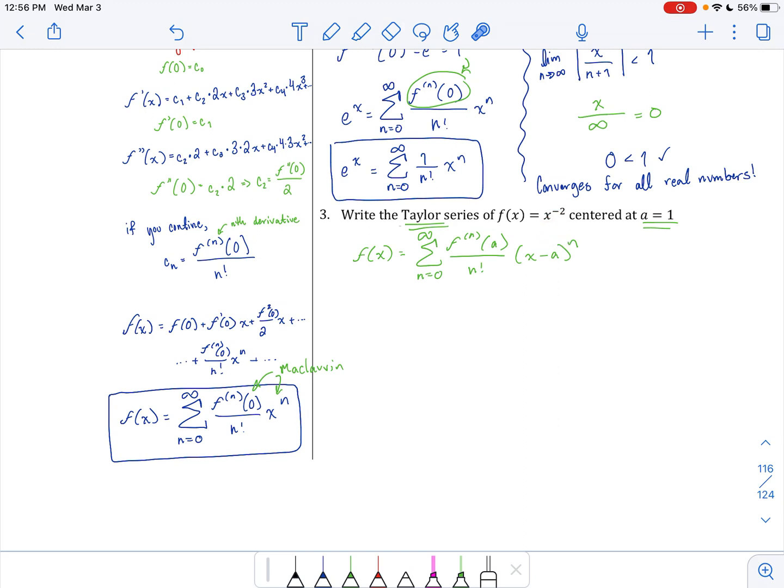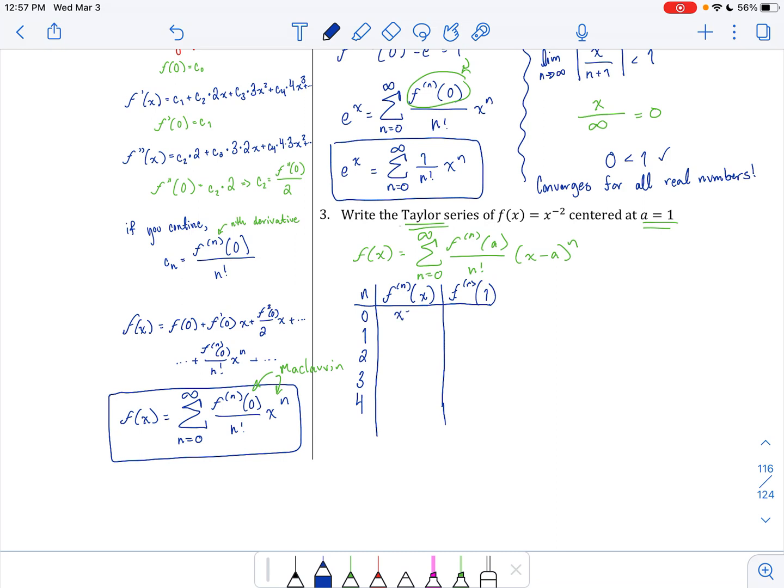So I'm going to do the same thing that we saw before, and make myself a table just for the first couple: 0, 1, 2, 3, 4. The nth derivatives of x, and then the nth derivatives at the center, which in this case is 1.